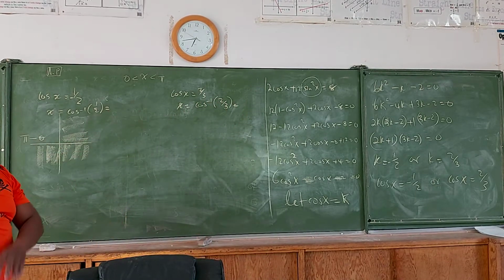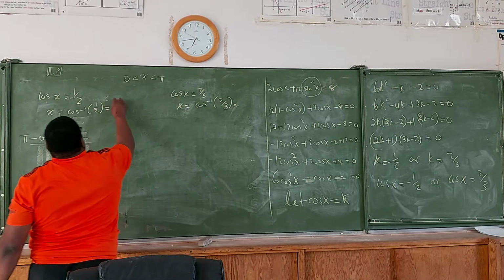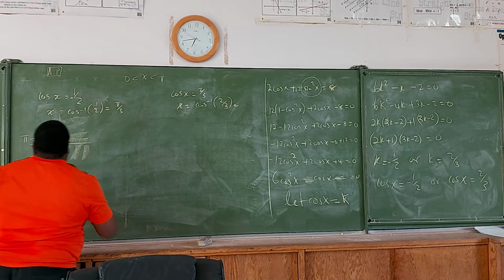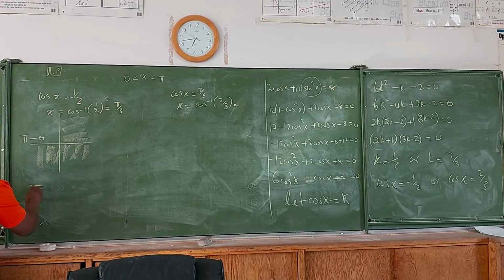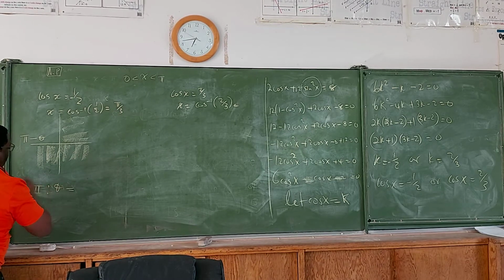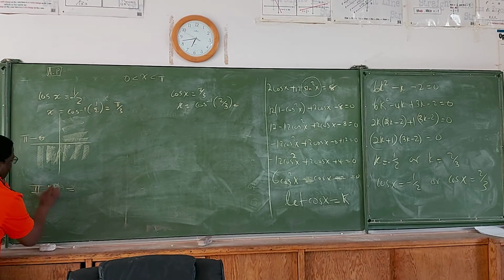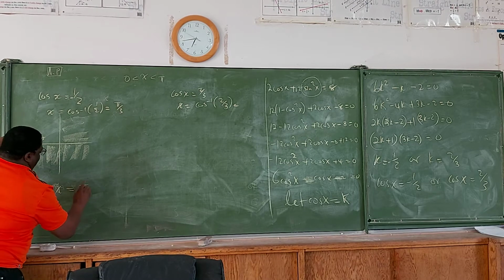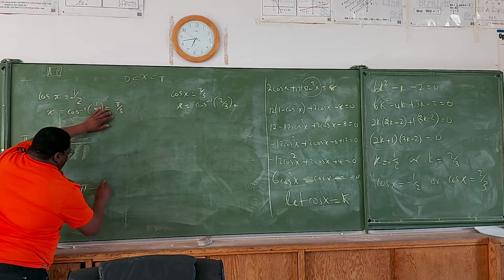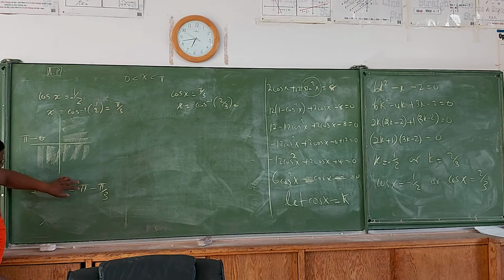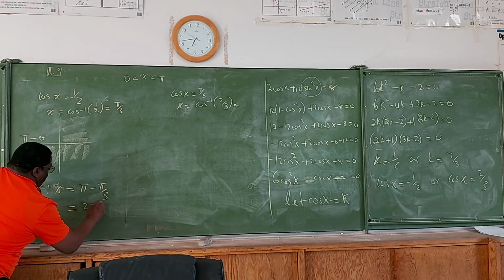What is the answer? Our solution will be in the second quadrant, x equals pi minus pi upon 3, that is 3 over 3, that is 2 pi over 3. Final answer, 2 pi over 3.